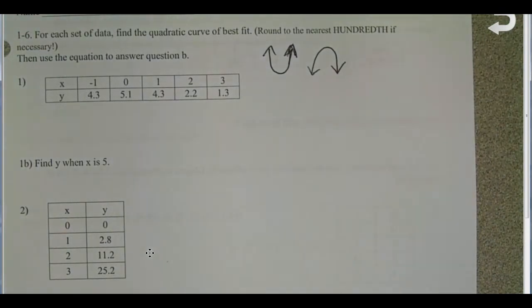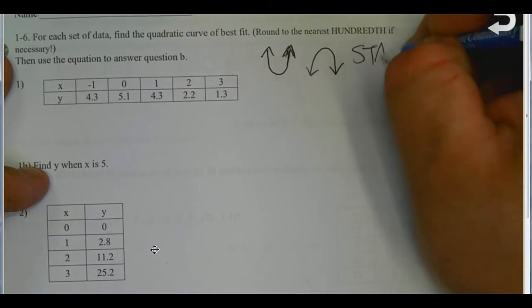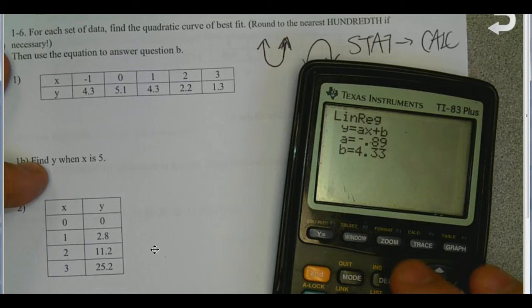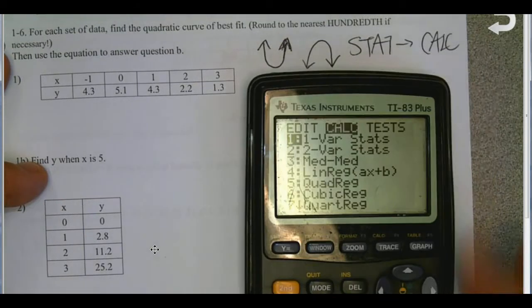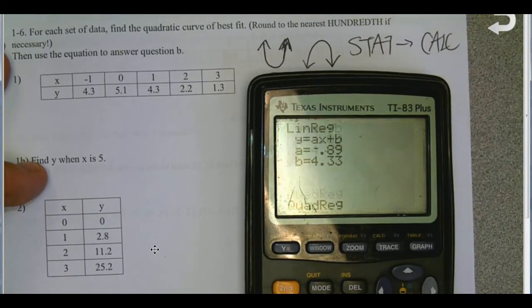So I can't use stat calc 4. For quadratic, I need to use stat, right arrow to calc, and if you take a look here, quadratic is right there. We're going to go stat calc 5.